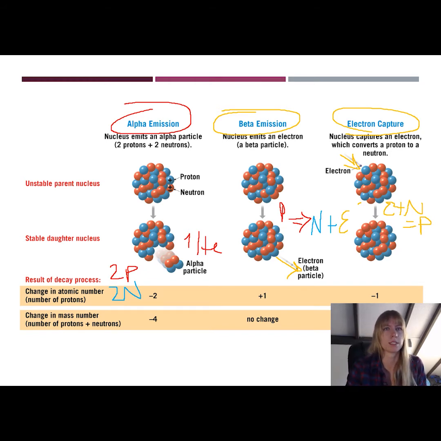So let me erase this and rewrite this because I just went and confused myself. In this one, you are losing a proton because you're doing an electron plus a proton, which gives you a neutron. There we go, which hopefully you all remember from your chemistry class.